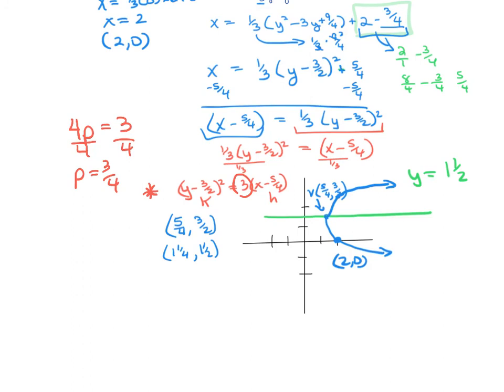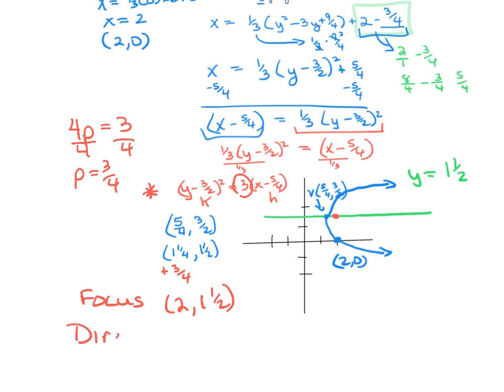Okay, so my non-squared term this time is the x, so I'm going to add the p-value to the x. So my focus is 1 1/4 plus 3/4, which is 2, comma, and then the y stays the same. So I'll come over here to 2, and then 1 1/2. So right here is the focus.